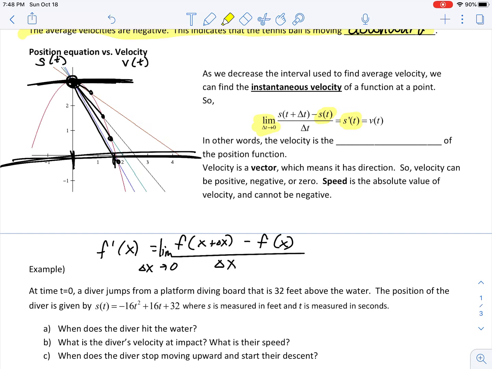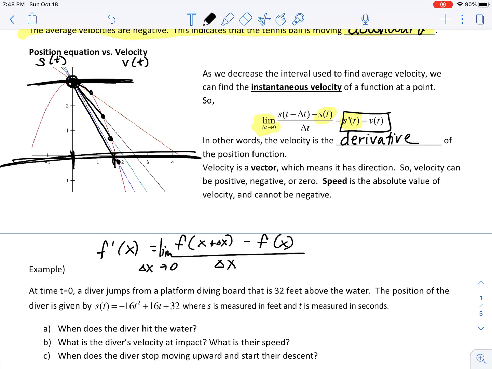Okay, so in other words, velocity, what we've been talking about, v of t or s prime of t, is the derivative of the position function. Right? Velocity is the derivative of position, or velocity is the slope of position.